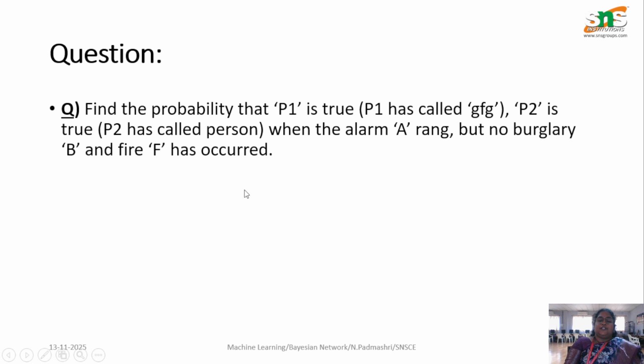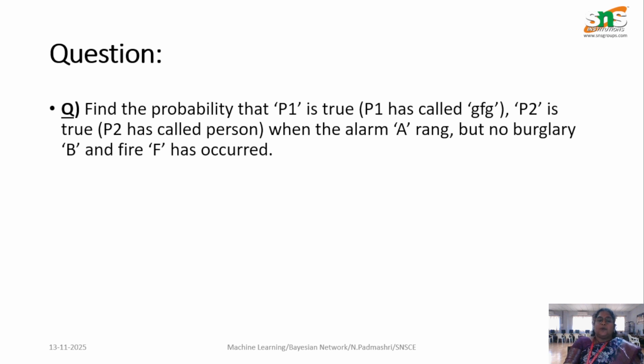So the alarm has rung; what is the probability that P1 and P2 called some other person when the alarm has rung because of fire? This is the question you have to understand clearly.